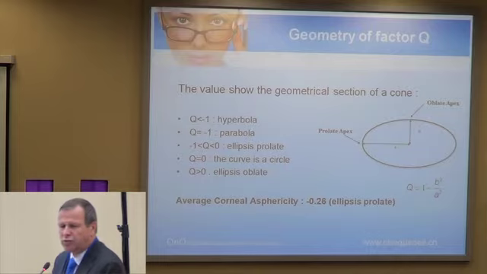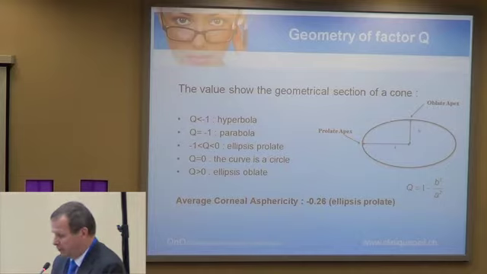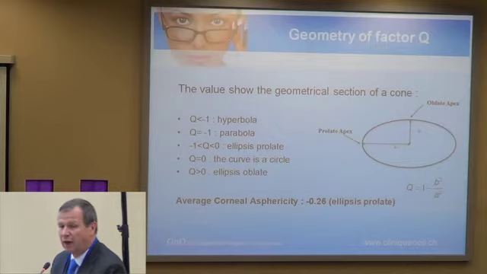Just remember that between -1 and 0, you have an ellipsis, prolate, for the Q. And if you look on the bottom of the right side, the Q factor is just equal to 1 minus b power 2 under a power 2. That gives you everything between prolate and oblate system. That's not so difficult even if you are an ophthalmologist.